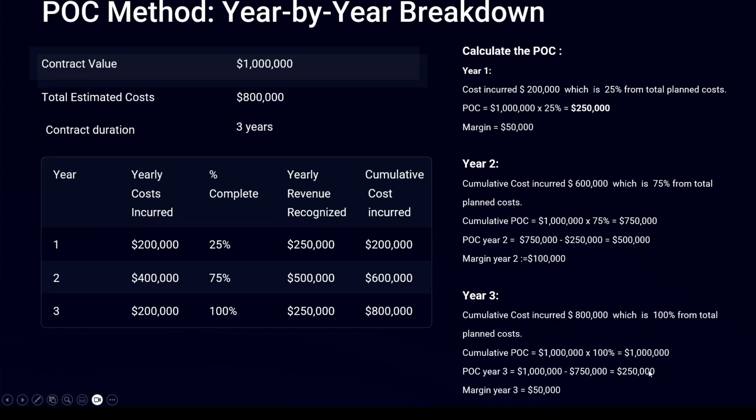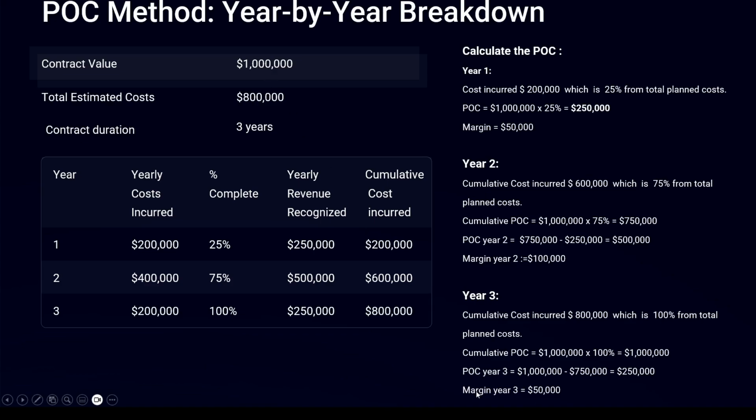So here we get the POC for year 3 of 250,000, and here we get the total revenue, 250,000 in year 3 with the addition of the different POC generated in the last years. We get 1 million as the value of our POC.